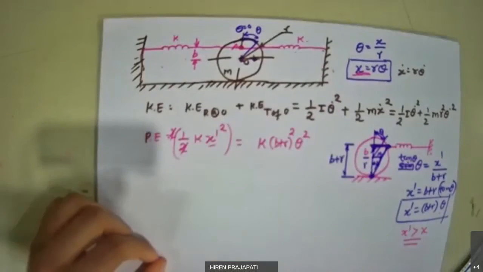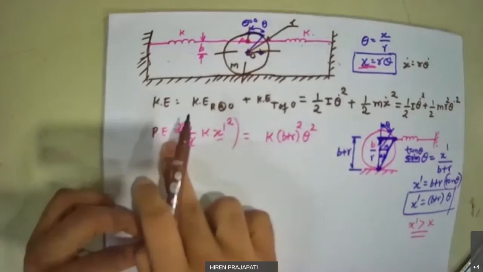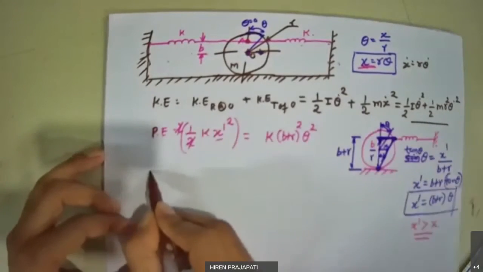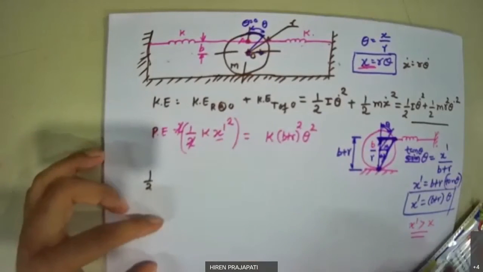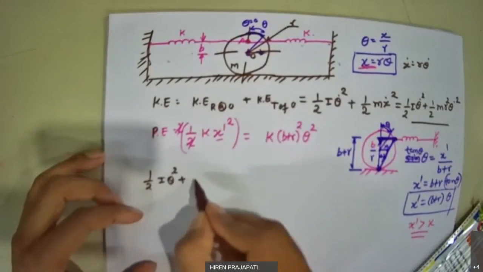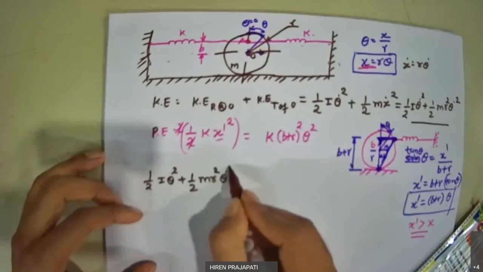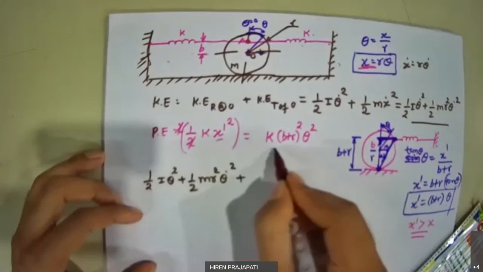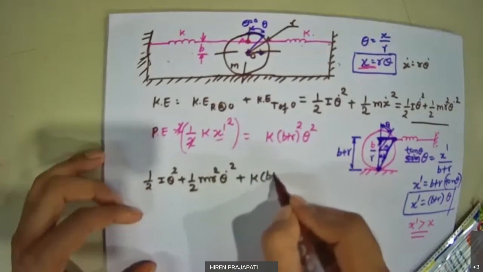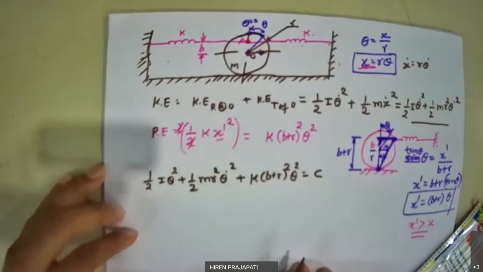Now, as we are applying the energy approach, kinetic energy plus potential energy is equal to constant. So I am writing the kinetic energy here: 1/2 I theta dot square plus 1/2 m r square theta dot square, plus the potential energy of the spring, that is k (b plus r) square theta square, is equal to constant.